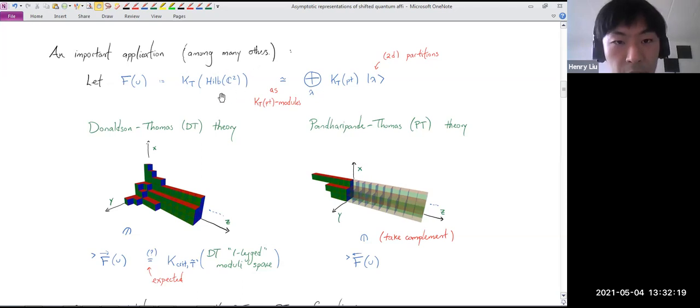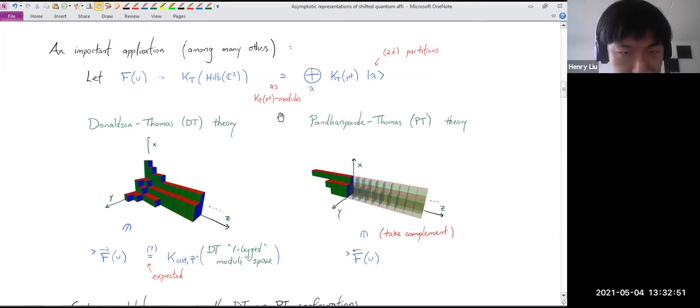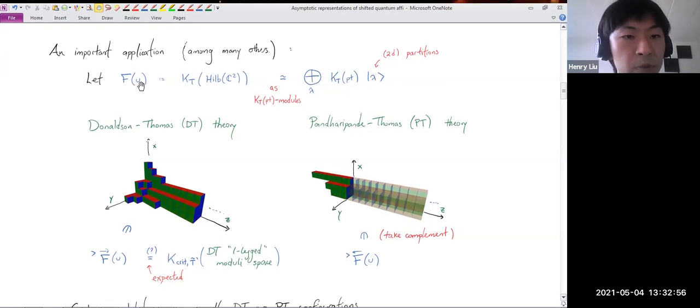And so what's this equivariant K theory? As a module, so all these equivariant K theories live over the equivariant K theory of the point. So as a module for that ring, it's spanned by certain basis vectors, which are indexed by 2D partitions. And I think for now, that's all we need to know. So that's a certain module, okay.